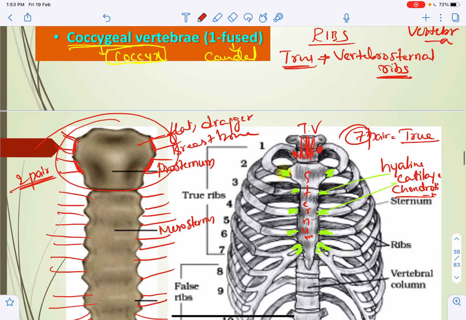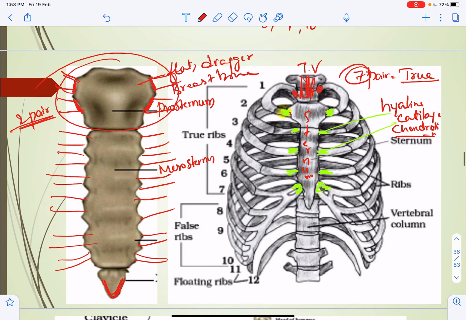Right, and next, after the first 7 pairs, the 8th, 9th and 10th pairs are not attached directly. This is the 7th one, and they are attached with the 7th one and indirectly attached with the sternum. So this is the 8th one, this one is the 9th one, and this is the 10th one.